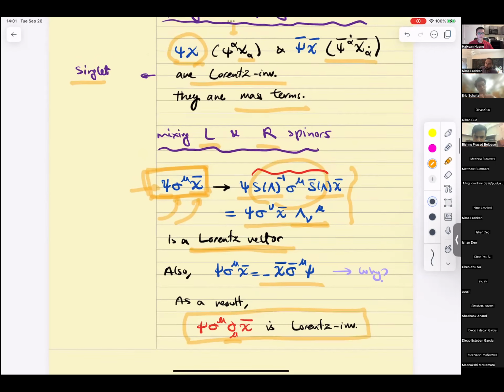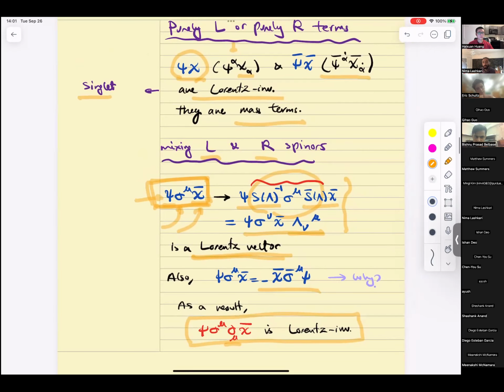So what did we do? We constructed things that look like left mass terms, right mass terms, and a Lorentz invariant term, which is first derivative. It has one derivative in it. Those derivatives are important. They're physical. Recall that for a scalar field, or most of the theories you've worked with, your Lagrangian density is second order in derivatives.